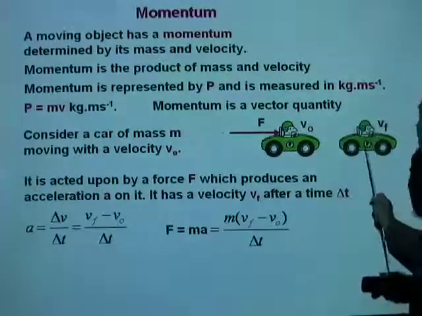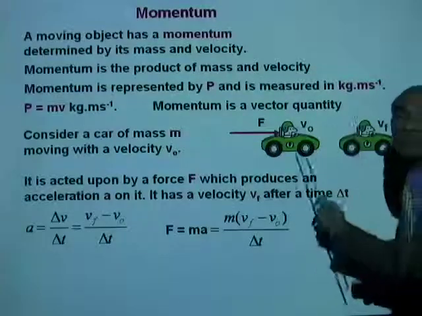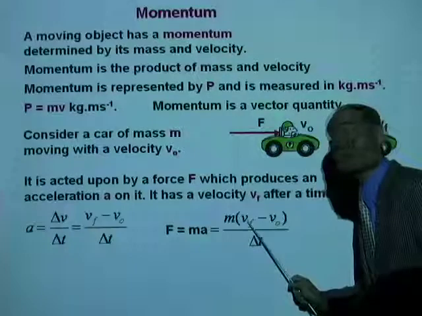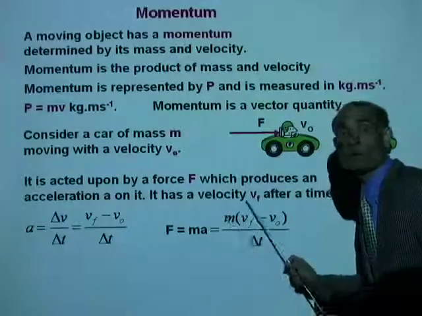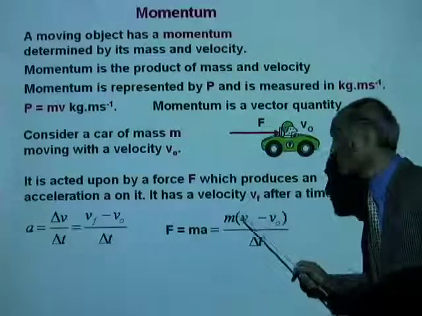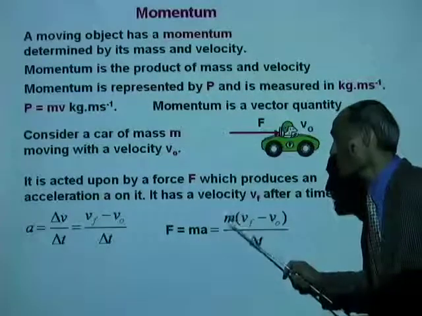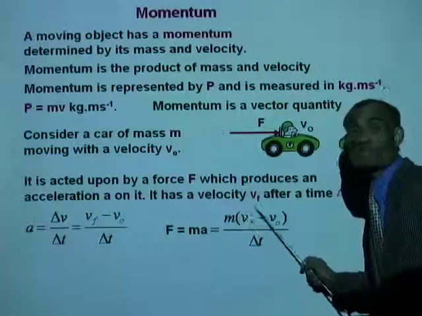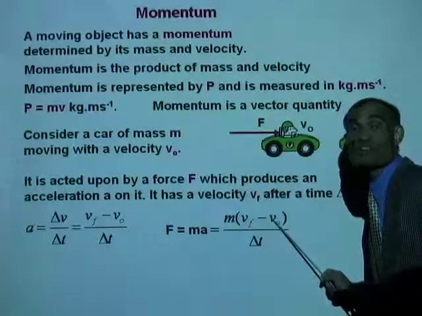The momentum at this time, or we call it the final momentum. Is that right? m times vf is the final momentum. What is m times v0? Initial momentum. So this is m vf minus m v0, final momentum minus the initial momentum.